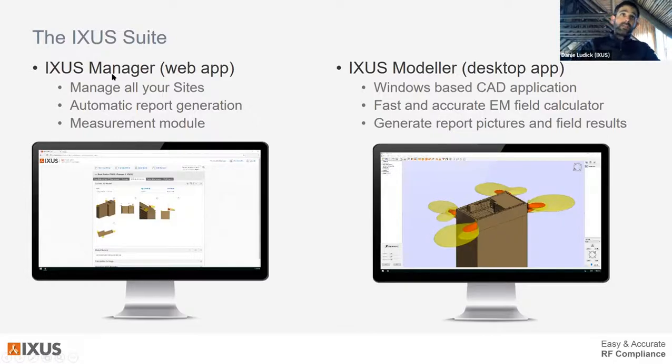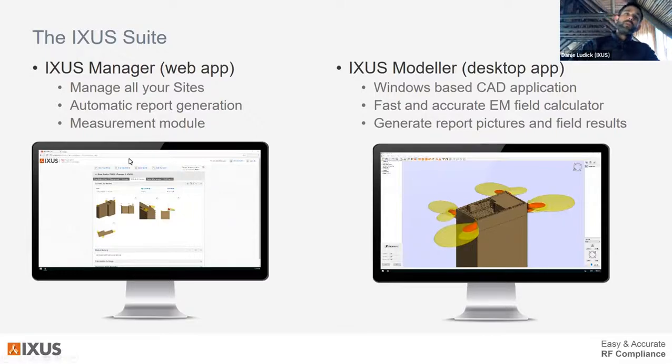The IXUS Manager also supports a couple of very cool features. One is automatic report generation. I will show you that with a couple of clicks of buttons, you can apply a fixed report template, or some report template that you set up, to the results that you pull into the manager sites, and then you can generate reports very quickly and very consistently.